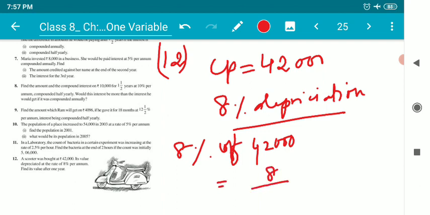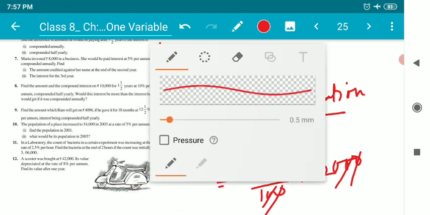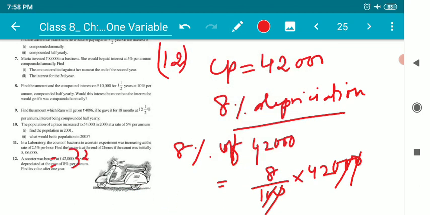So 8 by 100 into 42,000, 0 0 cancelled. 420 into 8, 3,360 rupees depreciated, means reduced, lowered. Then what will be the price after 1 year, children? Of course, depreciation means we have to subtract.